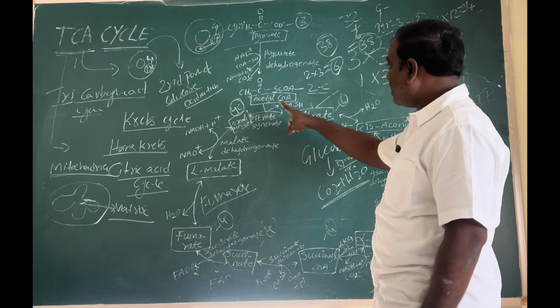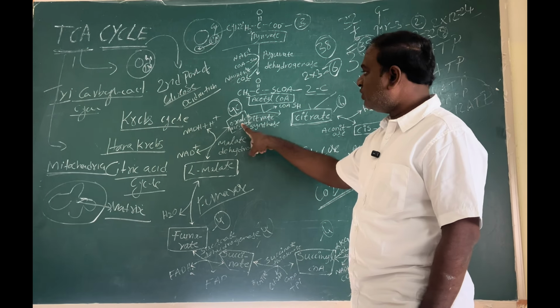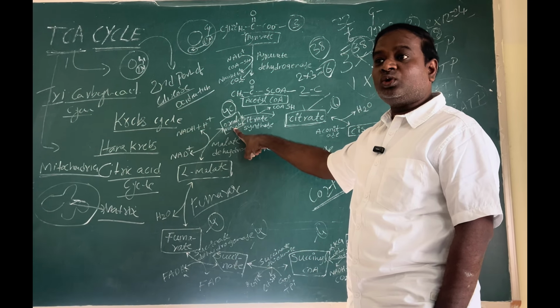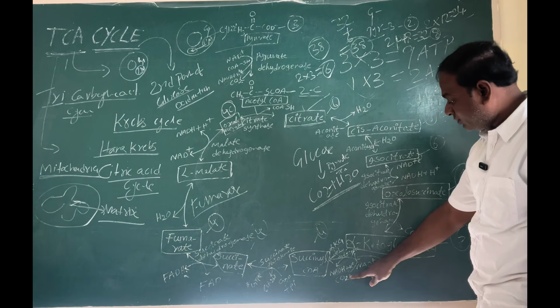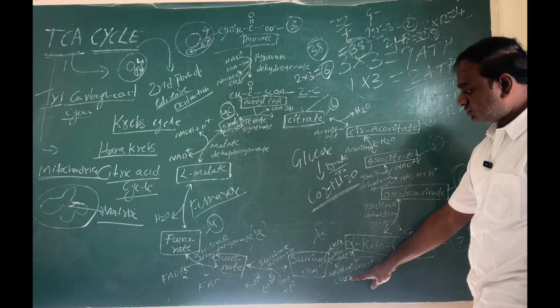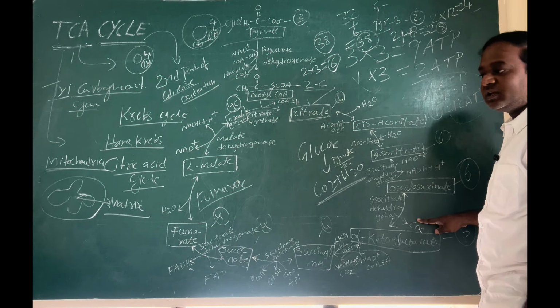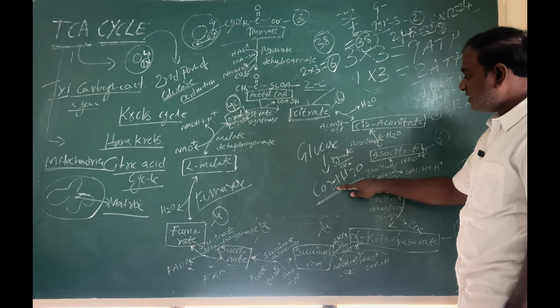We started with the 6 carbon compound citrate and finally we get oxaloacetate, which is a 4 carbon compound. Where are the other 2 carbons? They were released in the form of CO2. One CO2 released here, one CO2 released here. That's why we call it complete oxidation, giving CO2 plus H2O.